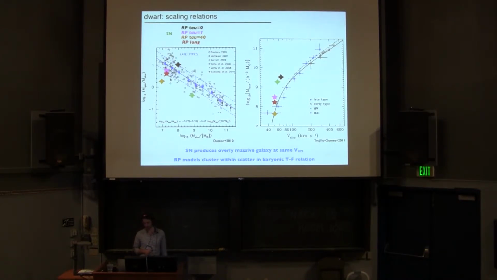You can see that the supernova model in green is very gas depleted, less than 1 in the ratio, and all the radiation pressure models are close to observations, although you start to see differences between the different parameter choices and how much you overpressure the gas. In the baryonic Tully-Fisher relation, you may not see these differences as clearly, with the supernova model close to the fiducial radiation pressure model, so this relation might not be the best to compare to simulation, since it may be degenerate.